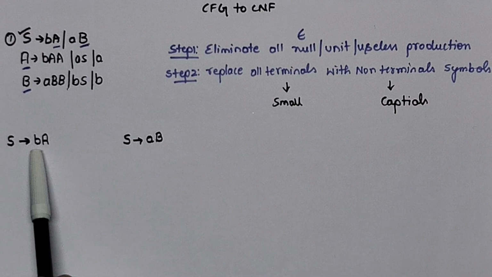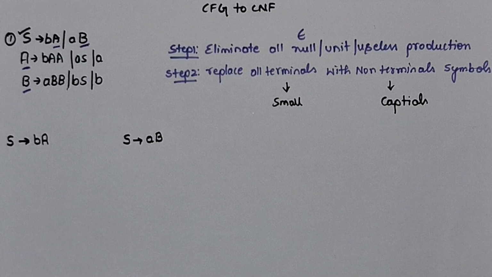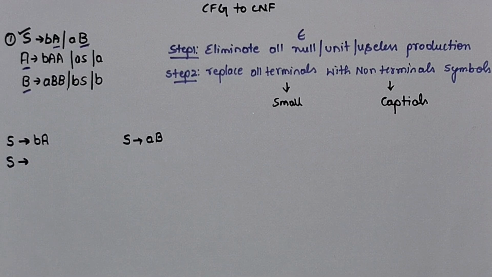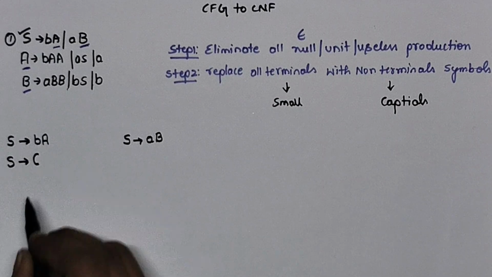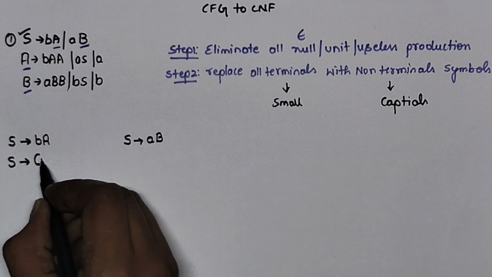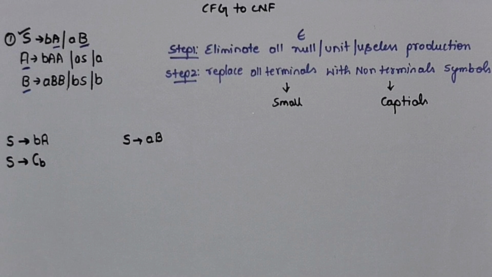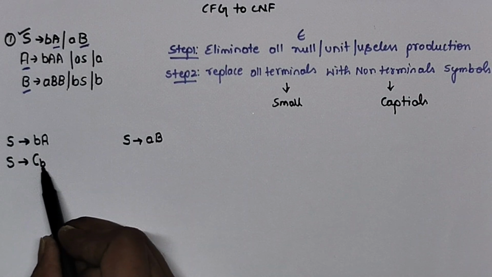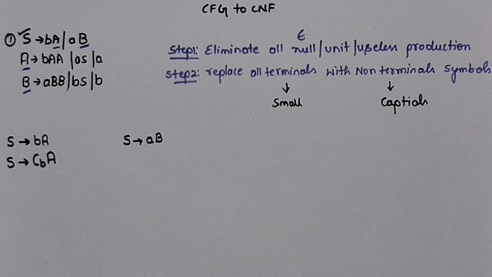Here, in these productions, we have small letter b. Now I want to convert it to a capital letter. So instead of small letter b, I will take one new symbol, that is C, which will be representing small letter b. Like this you must write, and the capital letter will be retained as it is.